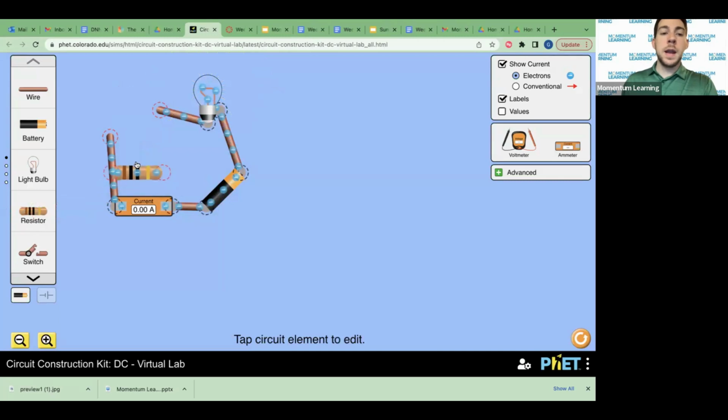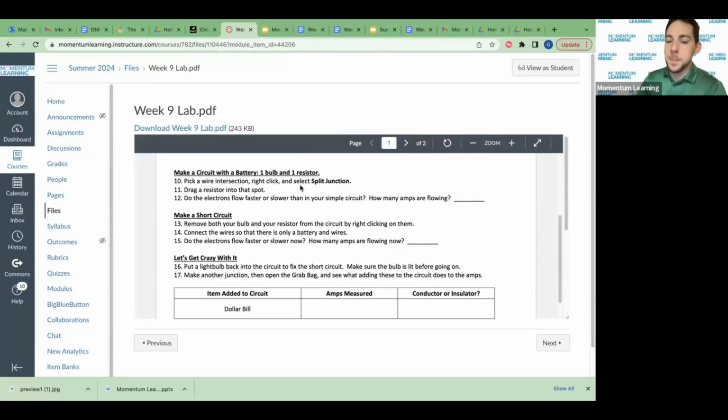So now we add a resistor and we can see the electrons are flowing, but it's a little bit slower. And if you notice, the light rays coming off of the light bulb are shorter, indicating that the light bulb has grown more dim. If we think about the name resistor, it kind of makes sense what we're seeing.